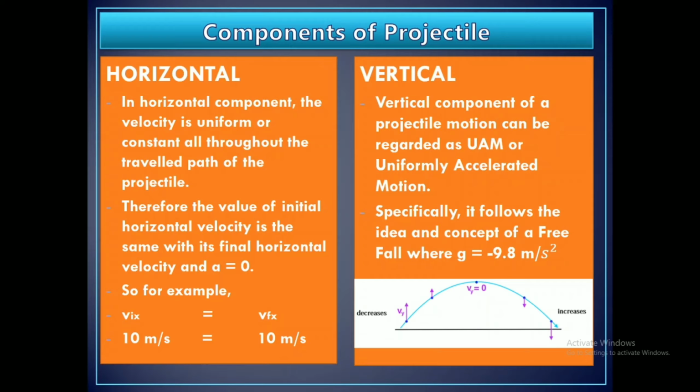So as the projectile is moving upward, the velocity is decreasing until it reaches a velocity equivalent to 0, and that is the time when the projectile reaches its maximum height. Then, as the projectile is moving downward, the velocity is now increasing.